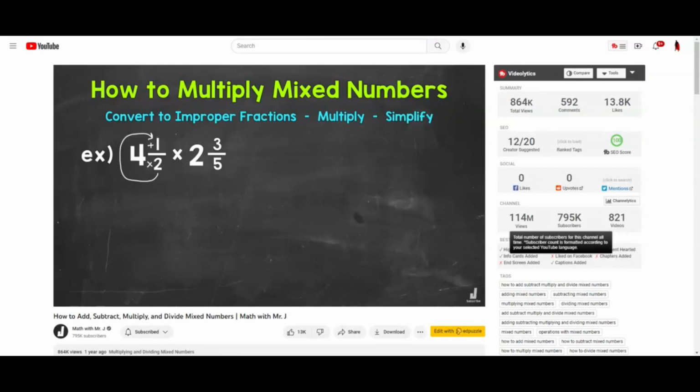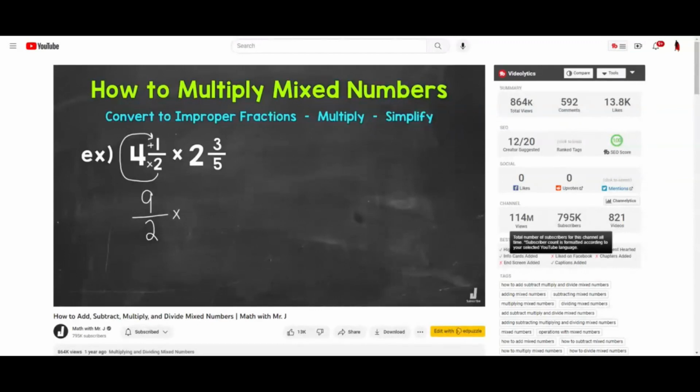That gives us 9. That's the numerator of our improper fraction. We keep our denominator of 2 the same. Now that improper fraction is equivalent to our mixed number. They're just in different forms. We're not changing the value of the problem at all when we convert to an improper fraction.